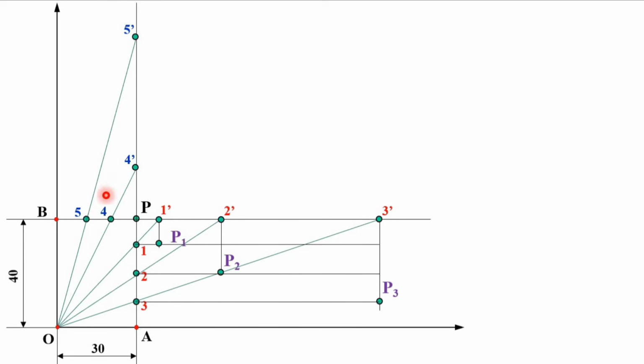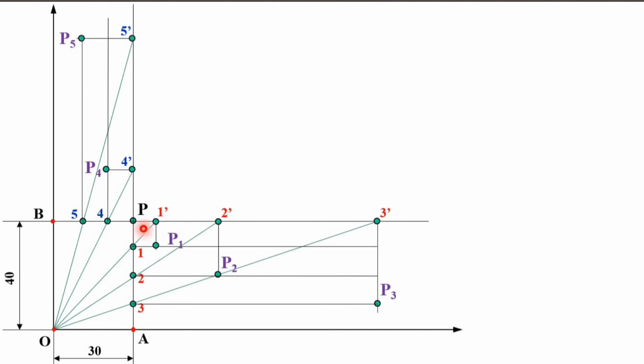Similarly, you have to repeat the steps for points 4 and 5. Draw the vertical lines passing through 4 and 5, and then the horizontal lines passing through 4 dash and 5 dash, so that you will get P4 and P5.